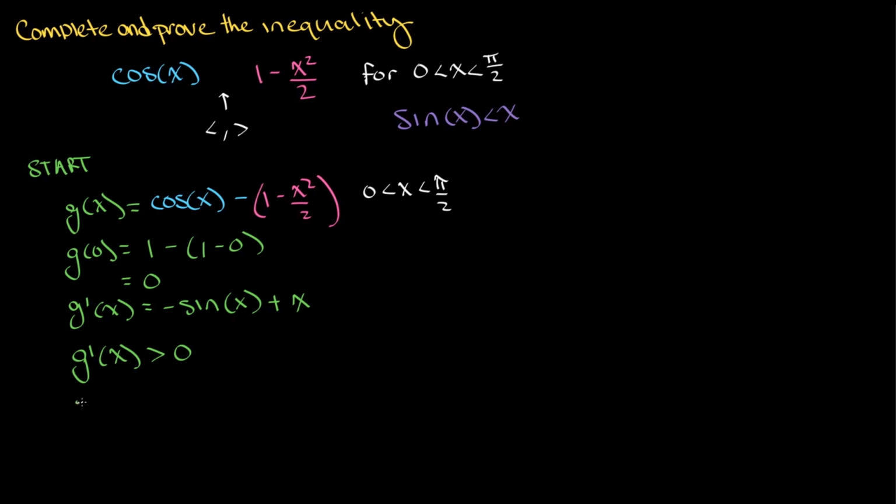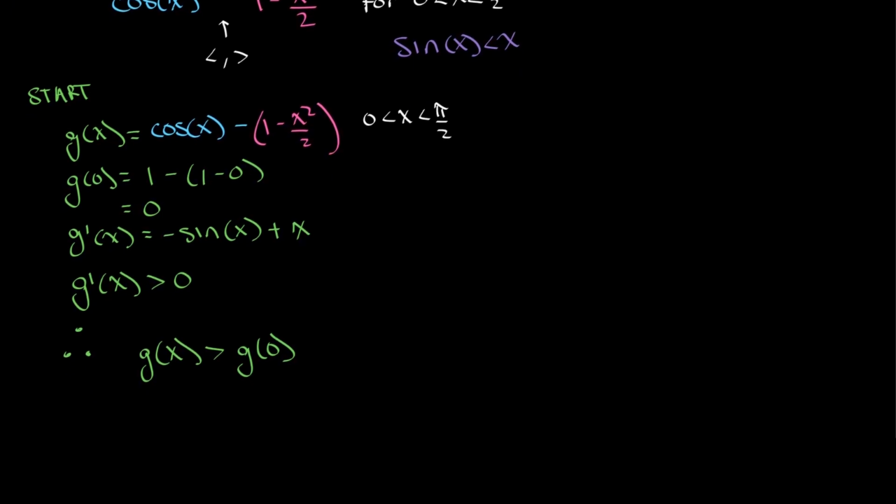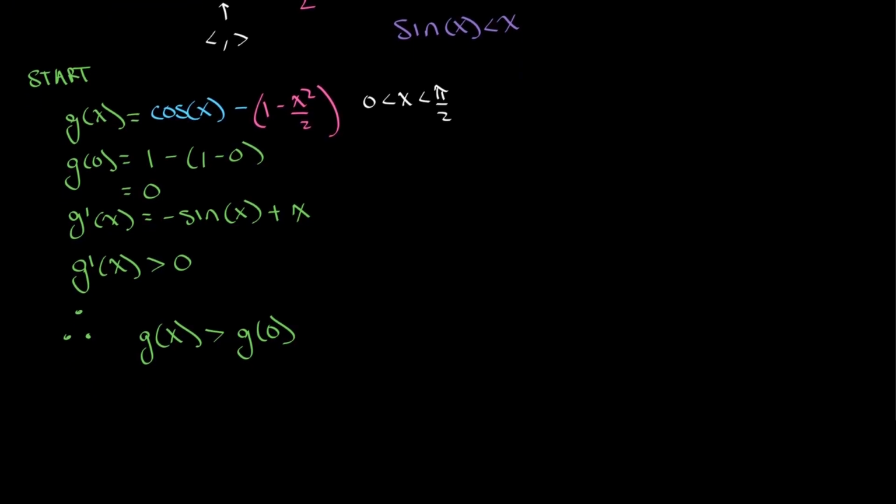And therefore, we're able to make a comparison between g of x and g of 0. And we're able to say that g of x is greater than g of 0. And then all we need to do is fill back in some information. So we said that g of x is cosine of x minus 1 minus x squared over 2, that whole quantity.